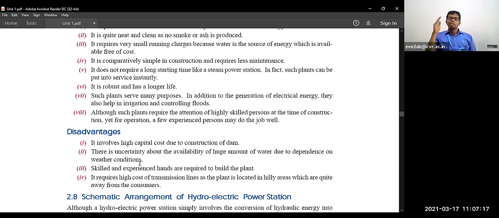So constructing the transmission lines inside wildlife sanctuaries, you need to go for very careful construction. In plains you can easily construct the transmission towers, but in hilly areas it will be like this.